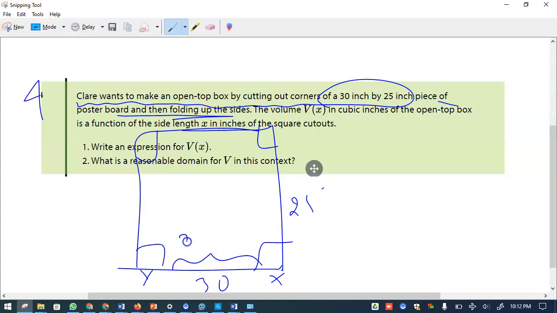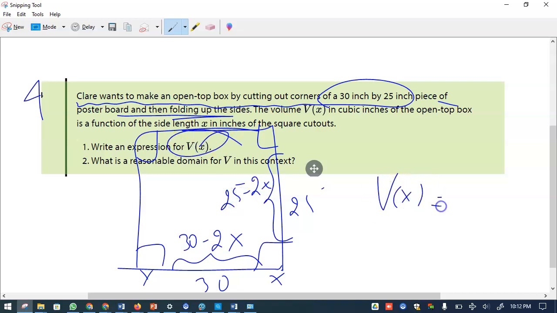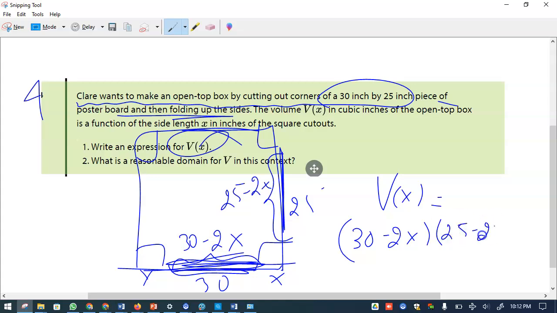So this is going to be 30 minus 2x, and this is going to be 25 minus 2x. So the volume here, V(x), equals the length, whatever the length here is, and then you multiply the width, and then the height, this part.